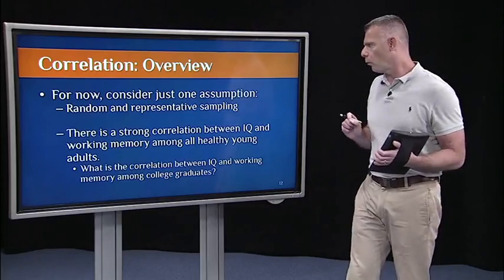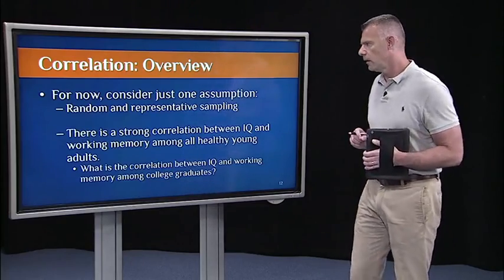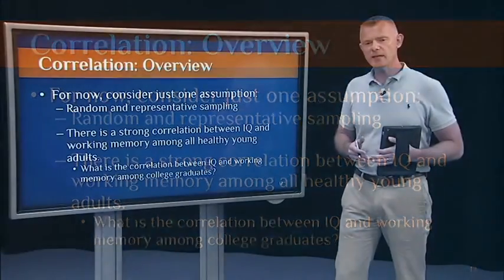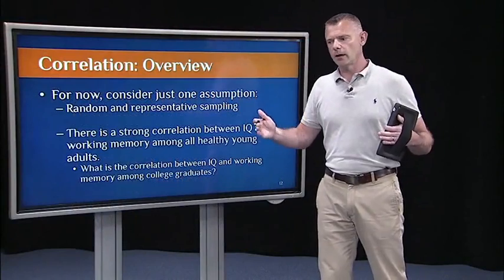For now, let's just look at one of these assumptions, the idea that we have random and representative sampling. I showed you that there's a strong correlation between working memory capacity and intelligence in healthy young adults. And I've seen that in my own research. It's been replicated many, many times over the last couple of decades. But that's if we look at all young, healthy adults.